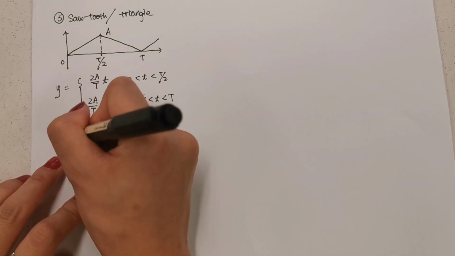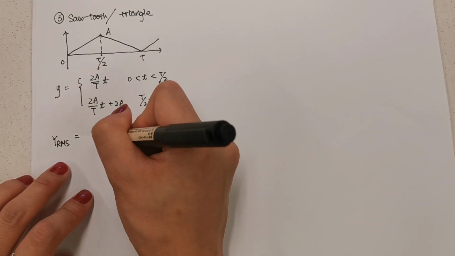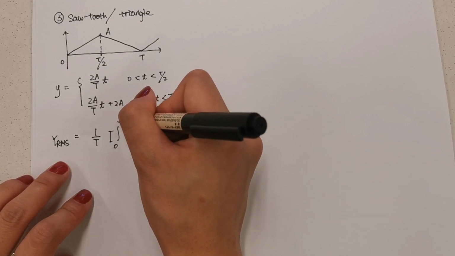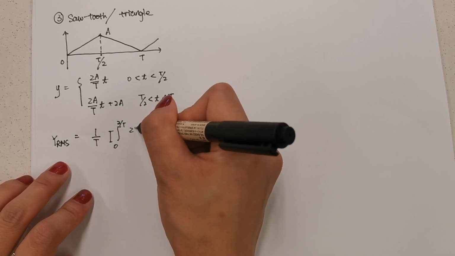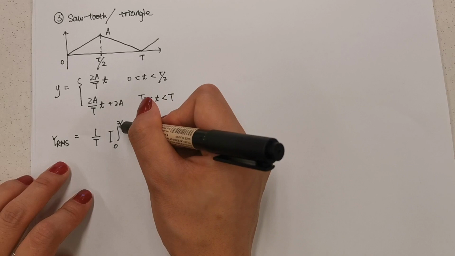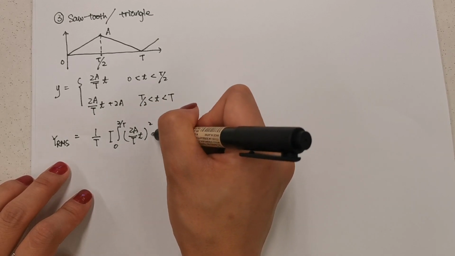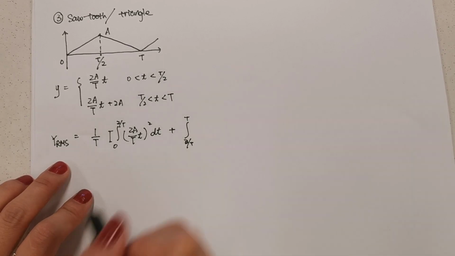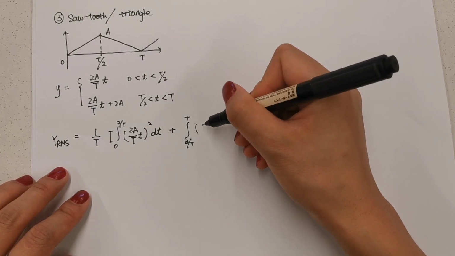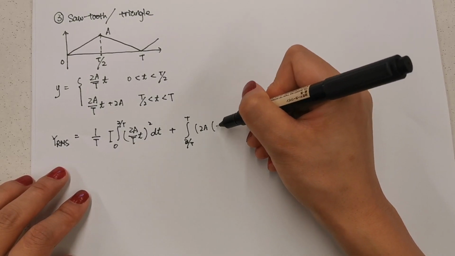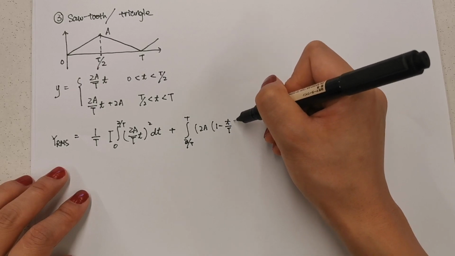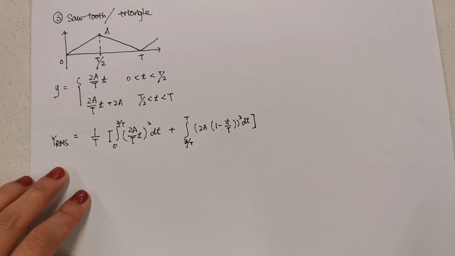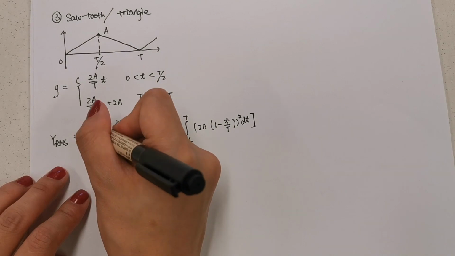We get y RMS equals the square root of the integral from 0 to half of the period of (2A divided by T times t) squared dt plus the integral from half of T to T of (2A times (1 minus t divided by T)) squared dt.